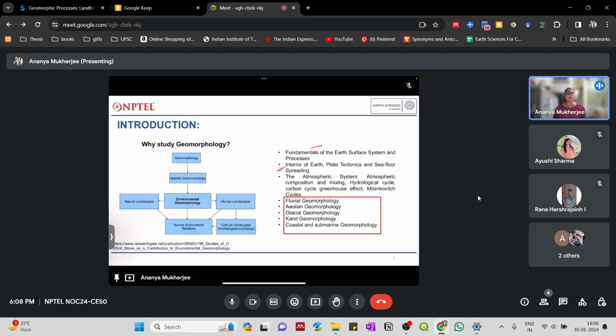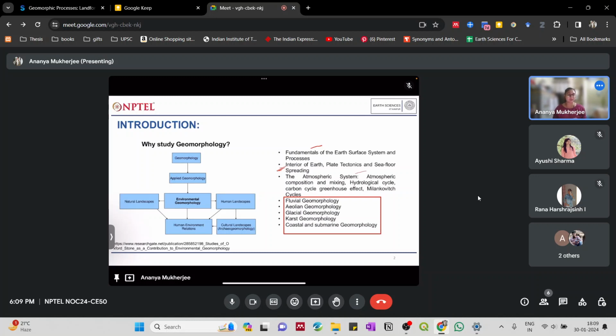While these are layered structures, on the top surface of the earth there are a lot of movements happening. So we will try to understand what is causing these movements. These are also dealt with in brief, and we will see how they affect the formation of landscapes and landforms.